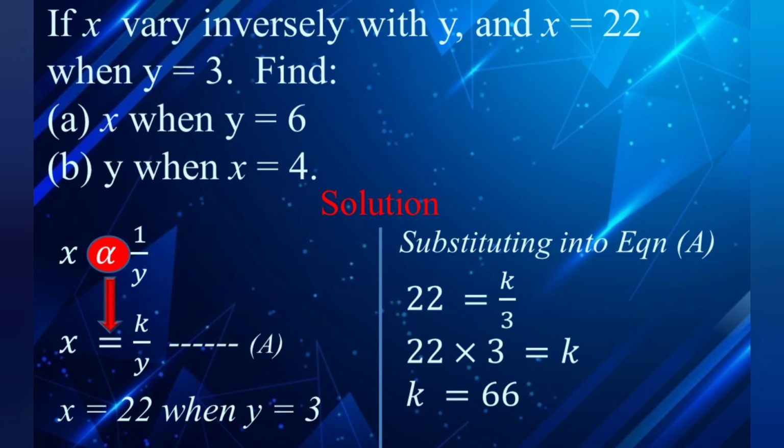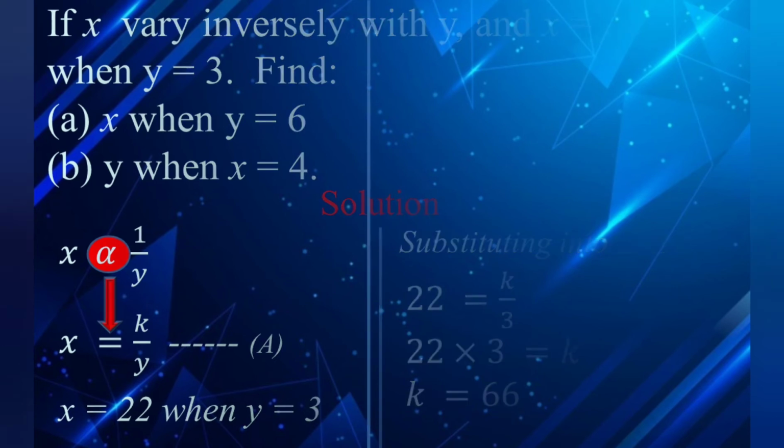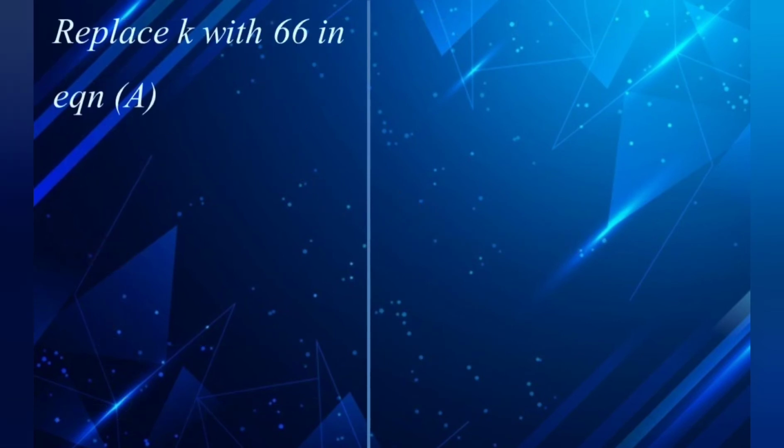Therefore, k is equal to 66. Now replace k with 66 in equation A. Hence, you will have x is equal to 66 all over y. Call this equation B. Now, equation B is the equation connecting x and y.